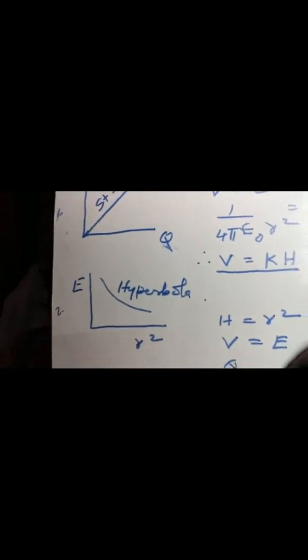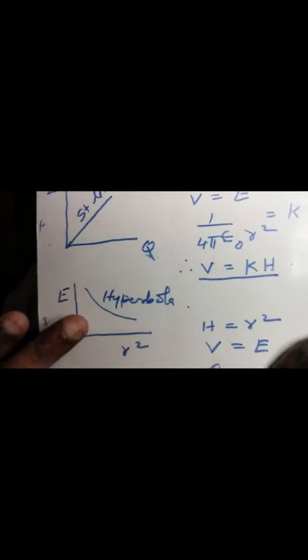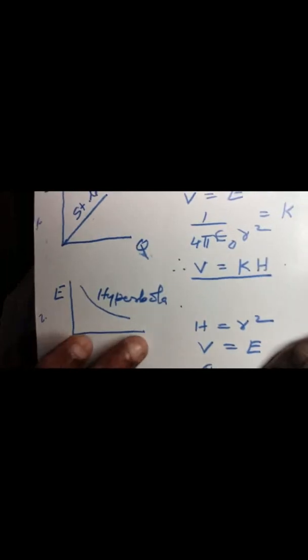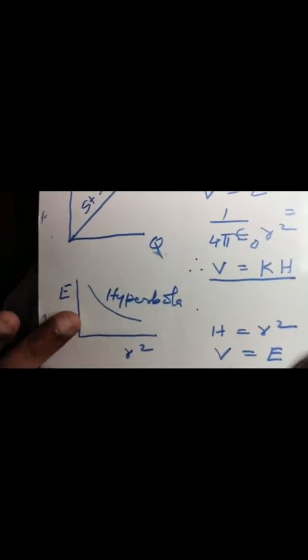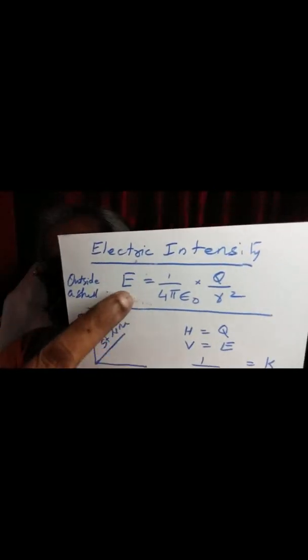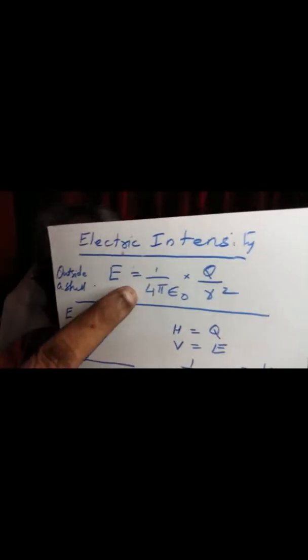Another point, you have to find the variation of intensity with the distance. So you plot r square on the horizontal axis, E on the vertical axis. Here Q is a constant. So V is E and H is R square.